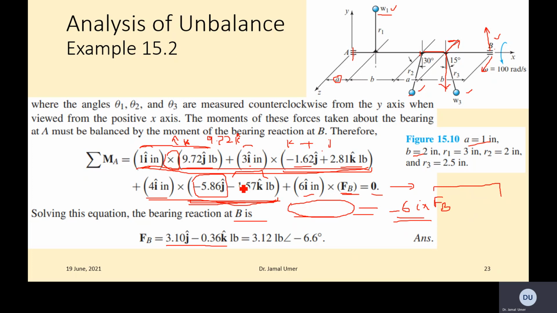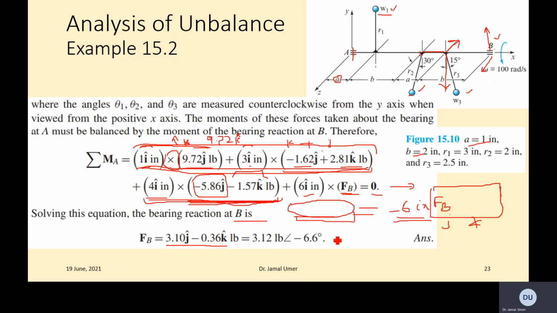I'll say again. You find the summation of all these vectors together, that's the summation. Then you find such a vector FB which must have J and K components, because we are multiplying with I, so that we get this resultant over here.